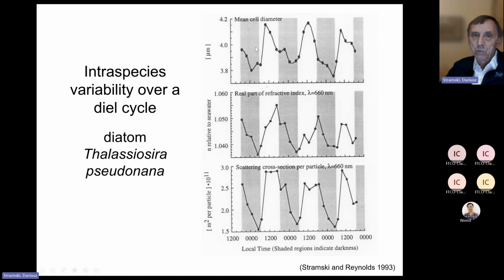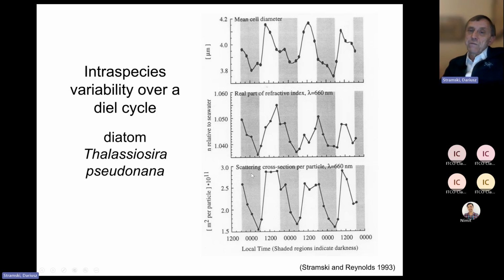We have graphs here for the mean cell diameter and estimates of refractive index over the diel cycle, as well as scattering cross-section, which we could derive because beam attenuation spectra, absorption spectra, and particle size were measured.